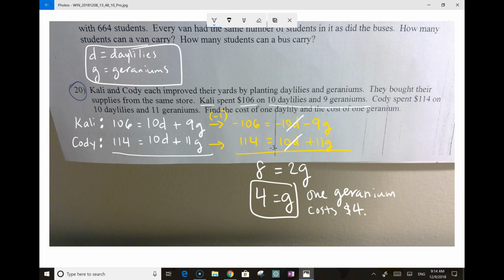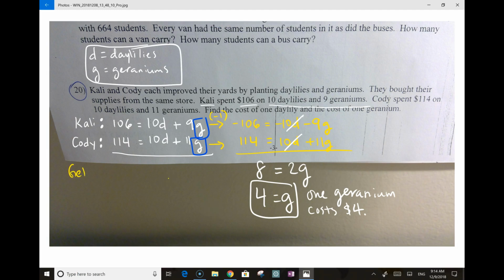So to get this, I have to go back to my original equations and replace either this G or this G with my 4. It doesn't matter which one, just pick one and do the math. So let's see how this writes here. Nope, I need a brighter color, so I'm going to go with yellow. And I think I'll go with the first equation.